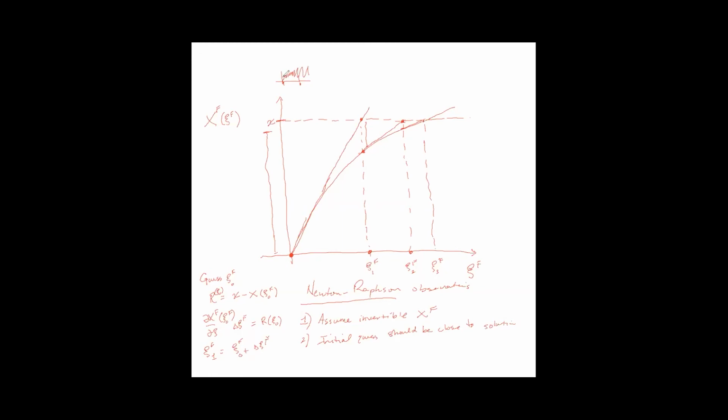We're going to end up shooting off. The slope, for example, is going to end up shooting us all over the place. And so Newton-Raphson works well when you're already pretty close to the solution. So that means that the initial guess is best if it's an informed guess.